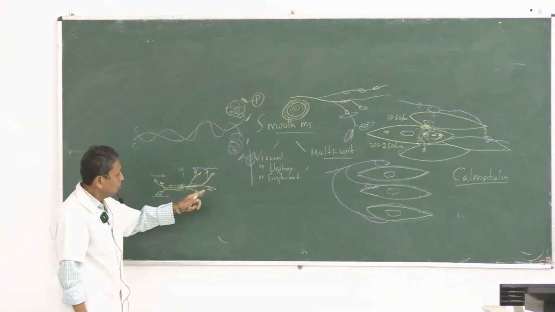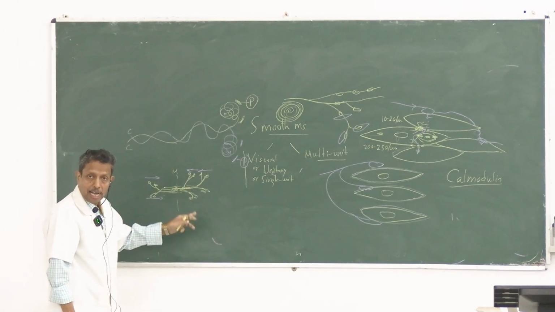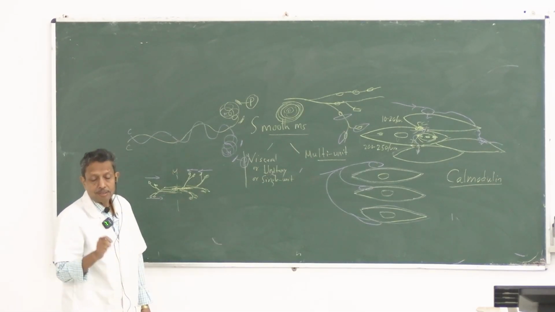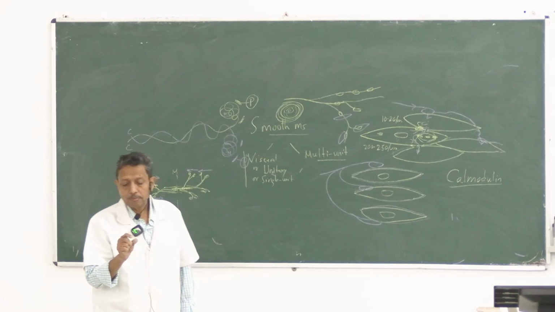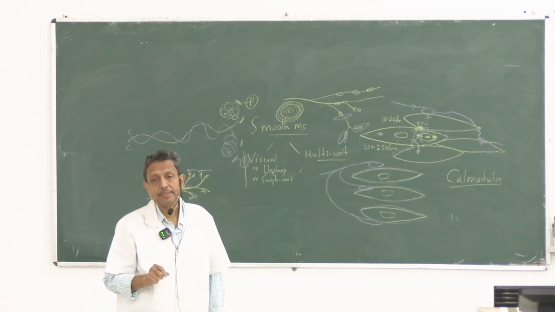But in case of smooth muscle, this type of movement is also there, but there is also a side polar arrangement.